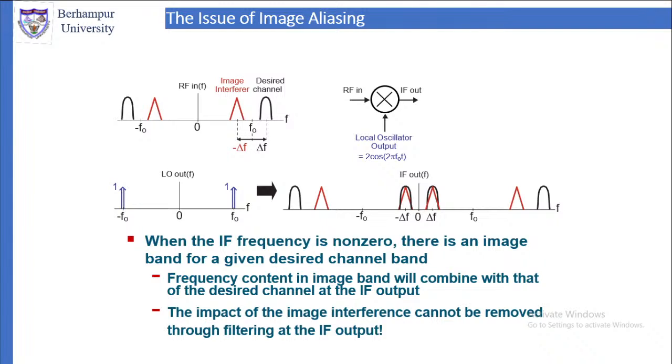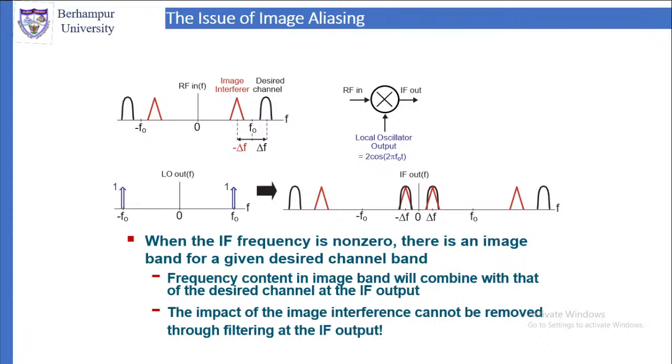Then you have the desired channel near the 0, and the desired channel overlaps the image interferer over the frequency band of delta F. And what happens to the other part, delta F plus F0, that will move towards the right hand side of the F0, or to the left hand side of the minus F0.